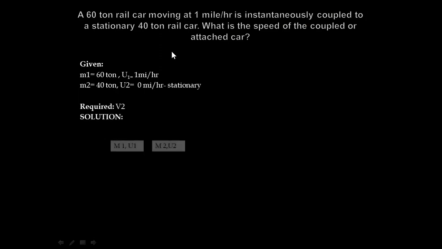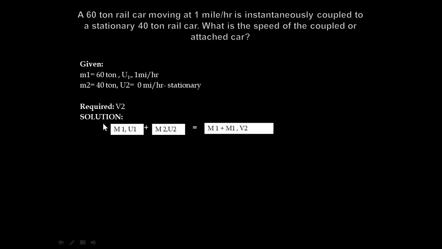So how are we going to do it? We have to illustrate it like this. For the total momentum of the initial impact, we have the first mass with its corresponding initial velocity u1, and then coupling it with the second rail car with its corresponding initial velocity, and after coupling both, this gives us a combined mass with a single velocity.